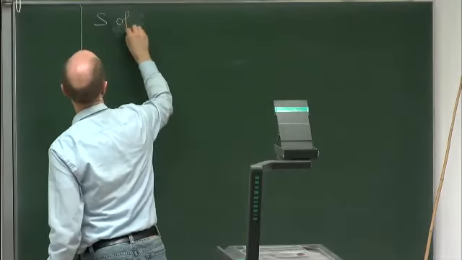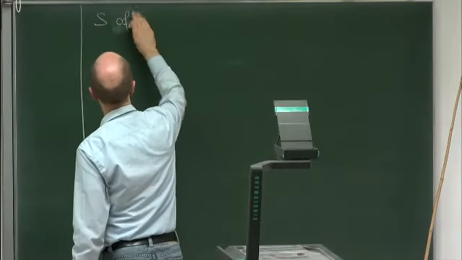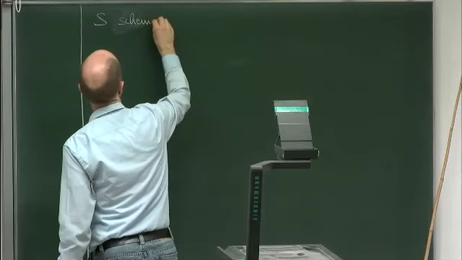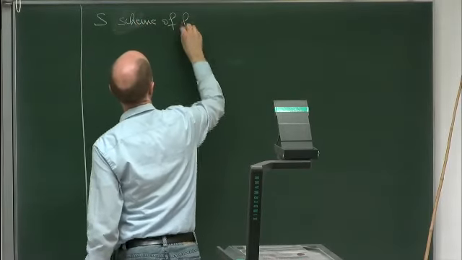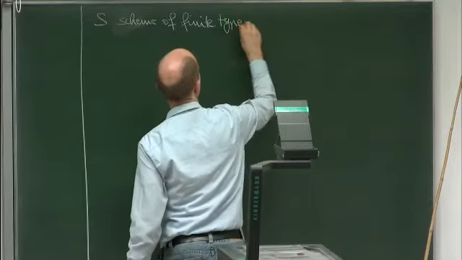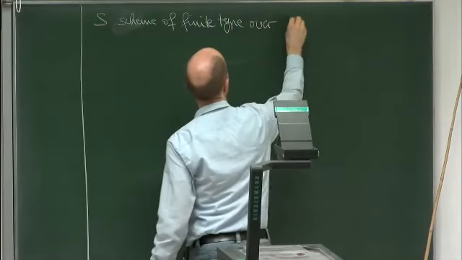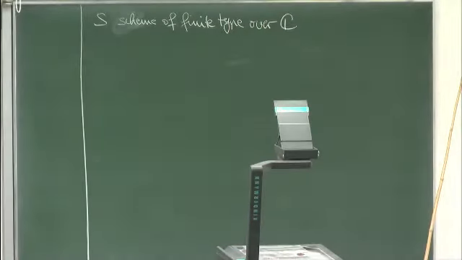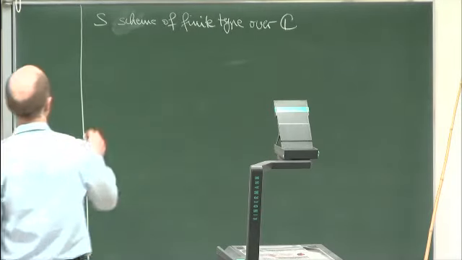And it's good enough, I think, to take parameter schemes of finite type over the complex numbers, a parameter scheme S. So what is a family of augmented bundles parametrized by S?